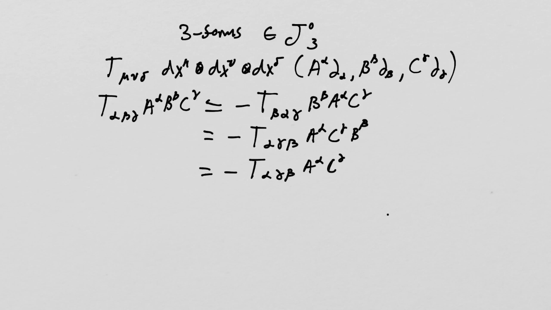Alpha gamma beta. Oh, it's gamma beta alpha. I need gamma beta alpha, and then it's C gamma B beta A alpha.